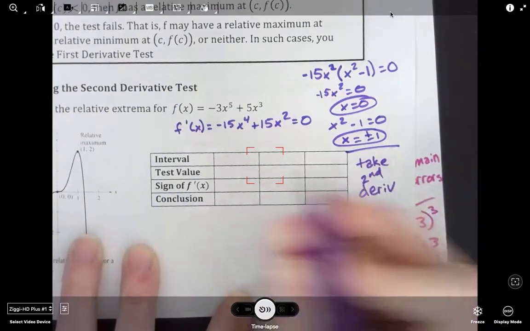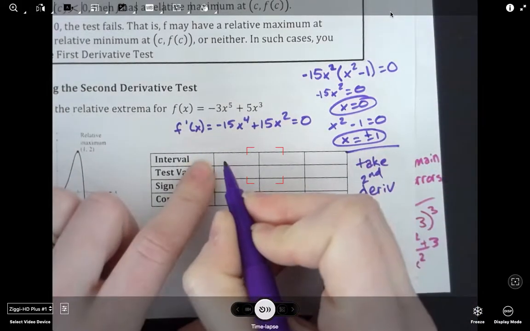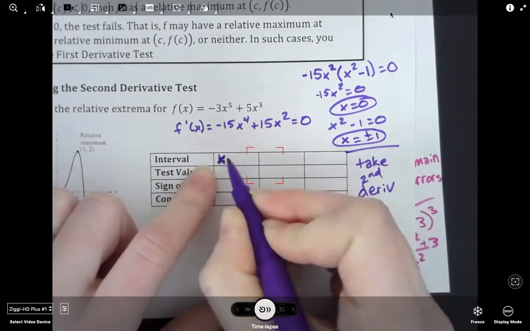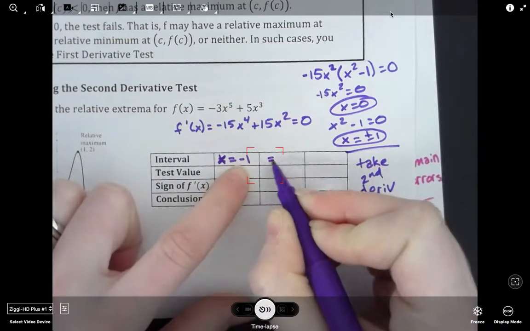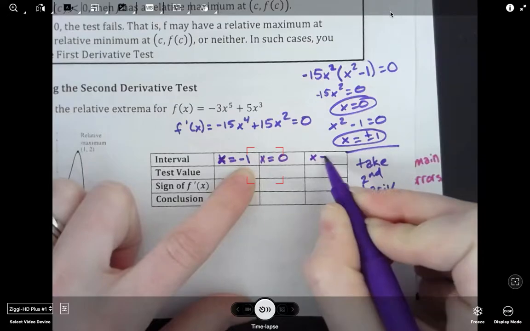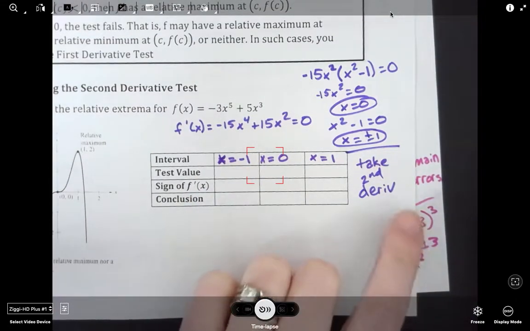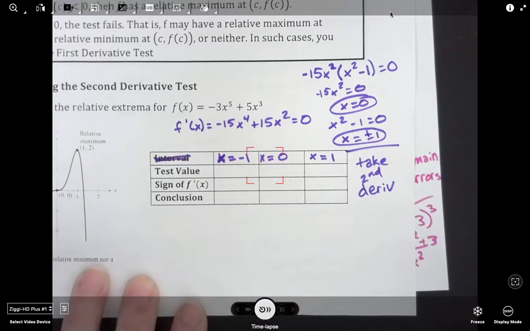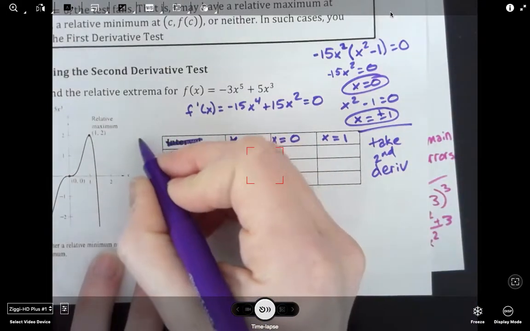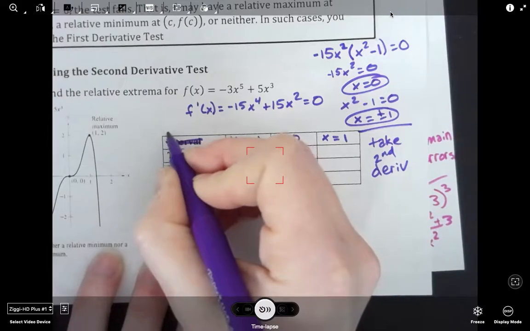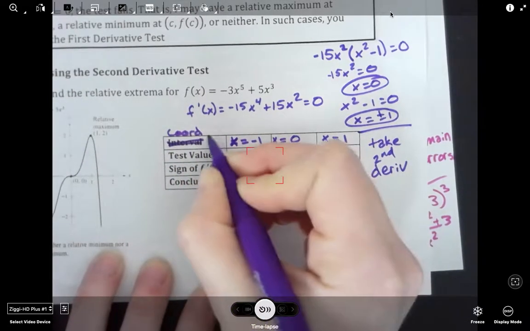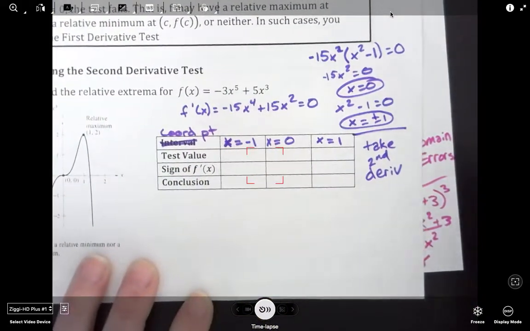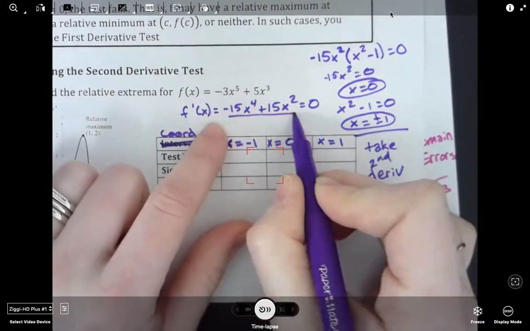The numbers that I'm going to use are x equals negative 1, x equals 0, and x equals positive 1. I'm not going to have test intervals anymore. You're going to have actual coordinates. So take the second derivative of this function right here.